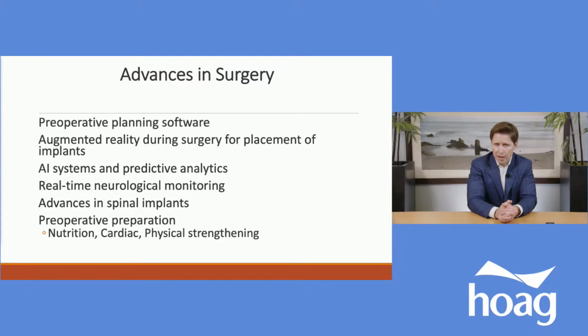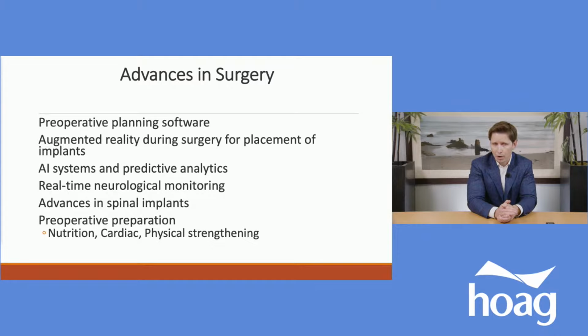We have also, in the past decade, seen the development and implementation in the clinical sphere of augmented reality and navigation technologies. Artificial intelligence systems, along with predictive analytics, help to define where a patient needs to be aligned, and also how the non-fused or non-operated parts of the spine will behave after surgery.